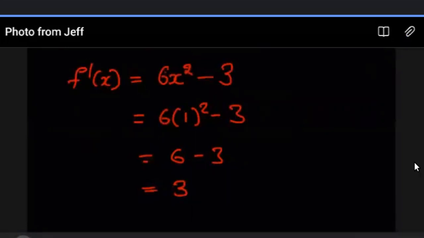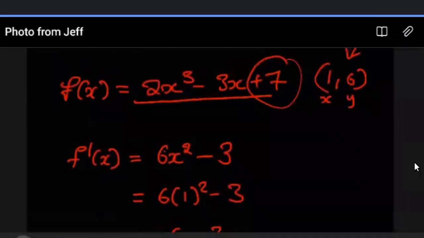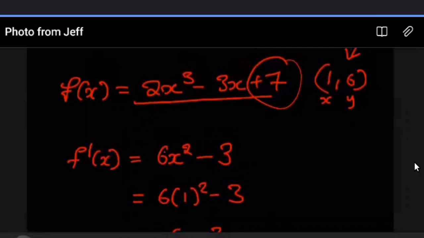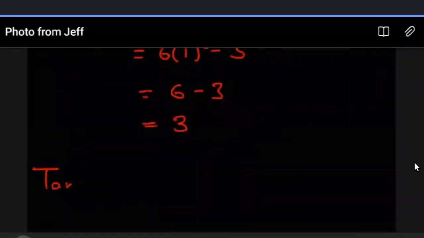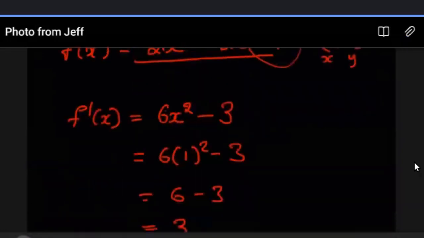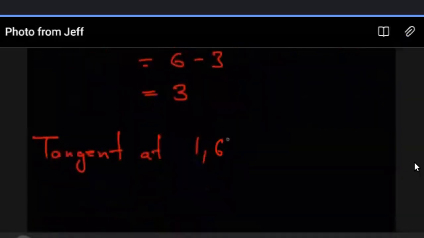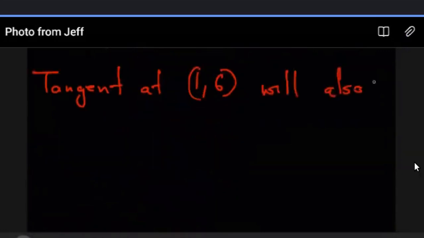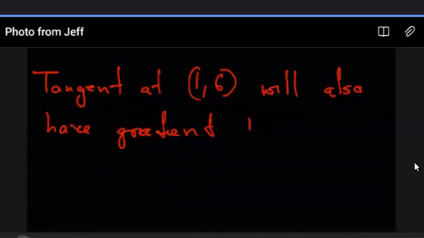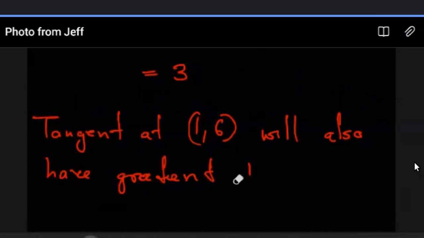What is this telling us? Well, we've got the gradient of our function f of x at the specified point 1, 6. But what does this imply? It also means that a tangent line drawn at 1, 6 will also have the same gradient, equal to the gradient we just found, which is 3.